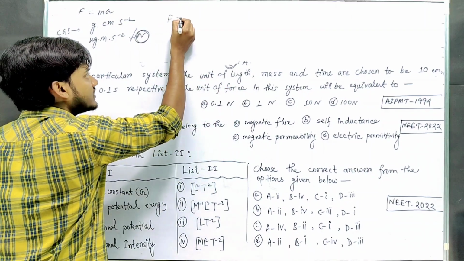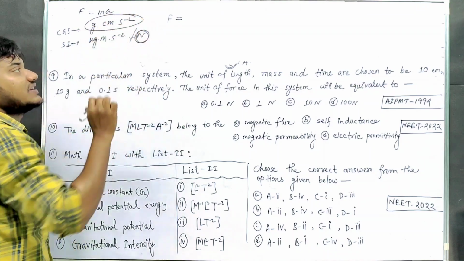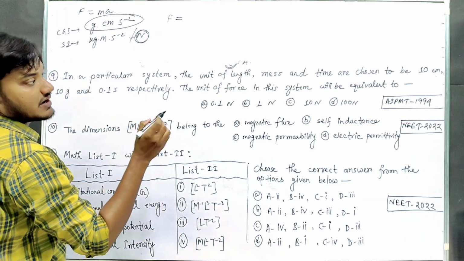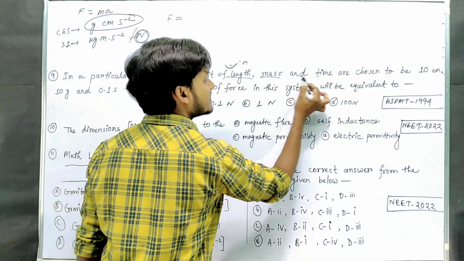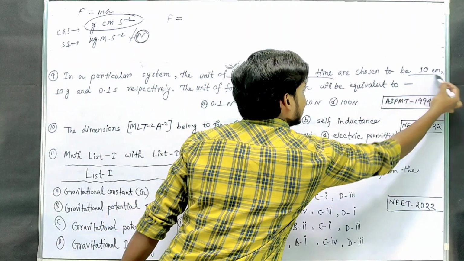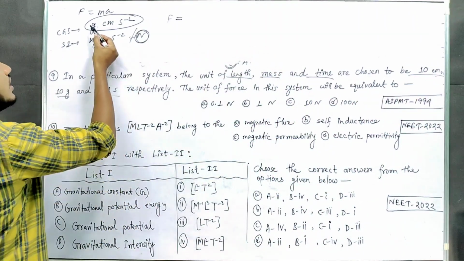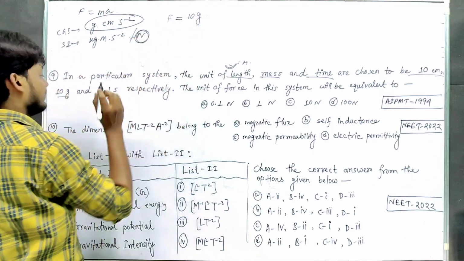F equals, we know in CGS, gram cm second inverse 2 is the unit of force. Here length, mass and time are 10 cm, 10 gram and 0.1 second. So gram means not only g, you have to write 10 gram.